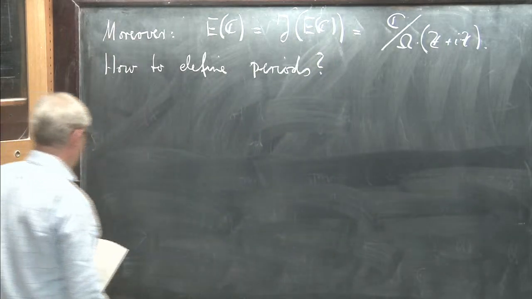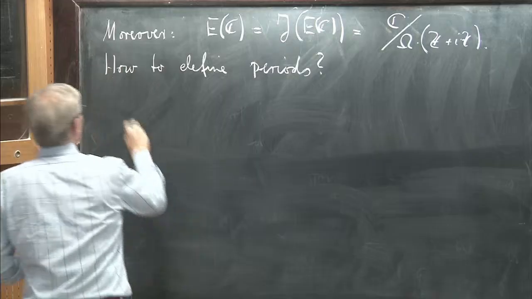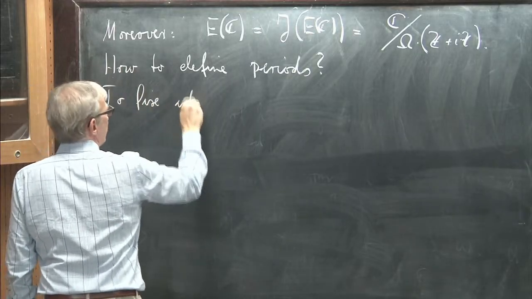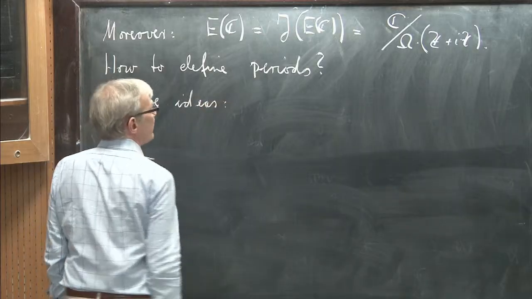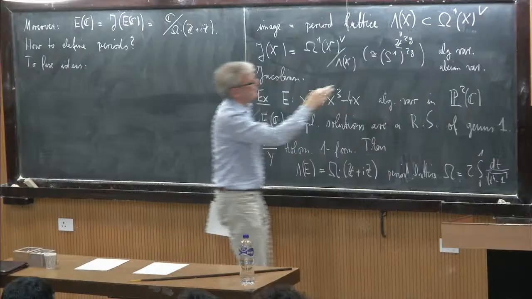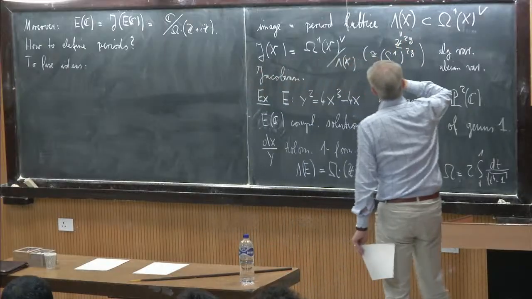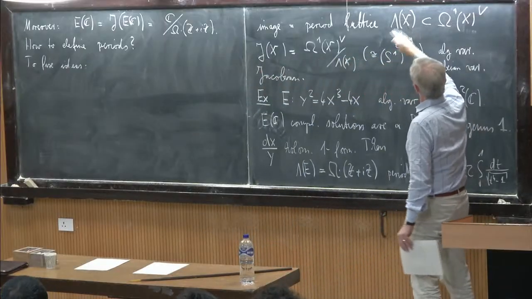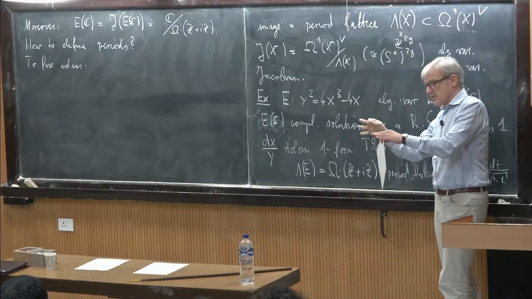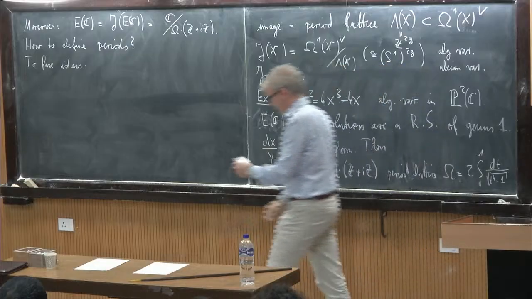And this we do as follows. So just to fix ideas, of course, everything can be made much more general. To fix ideas, assume that this algebraic variety X, this we know for abstract reasons, but we assume that it can be given locally by polynomial equations with rational coefficients.